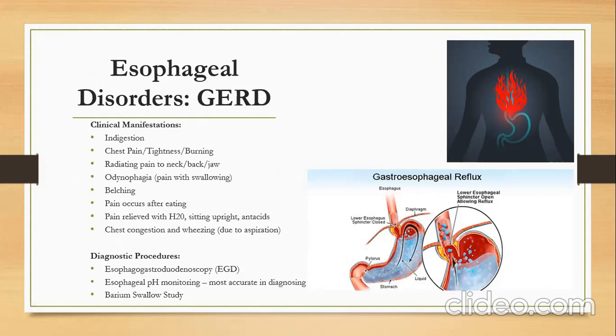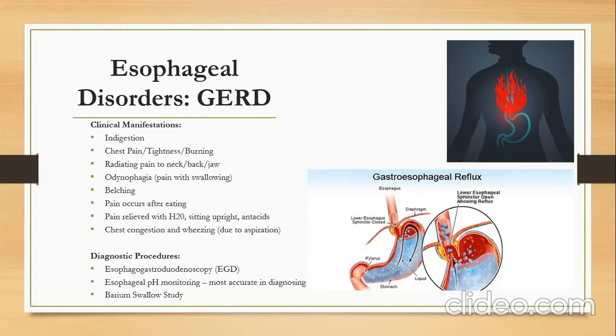More often than not, GERD and acid reflux or gastroesophageal reflux sends patients to the ER thinking they are having a heart attack, okay? Because they have this pain, this horrible pain in the center of their chest. It's tightness, and it may radiate to the back, the neck, or the jaw.